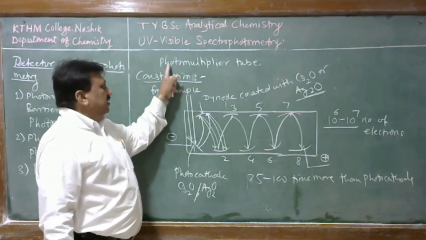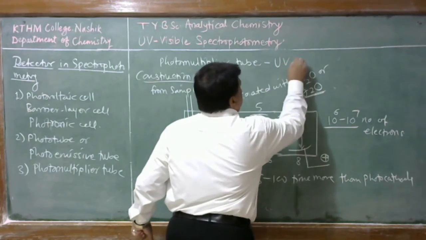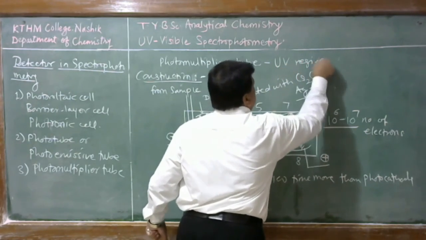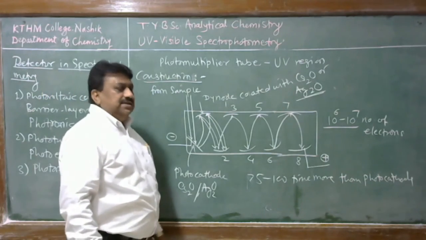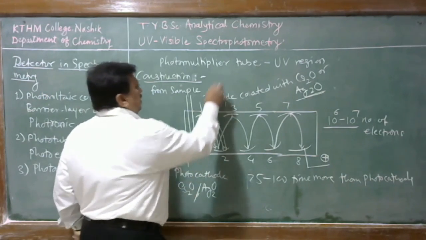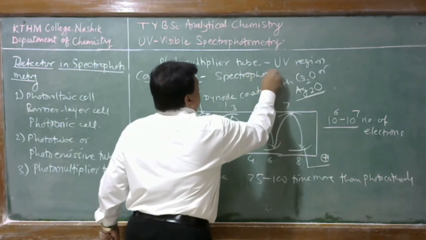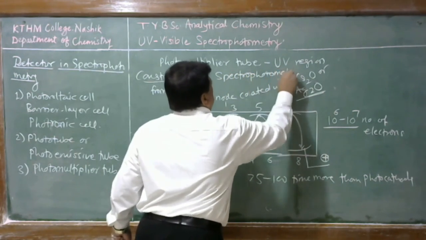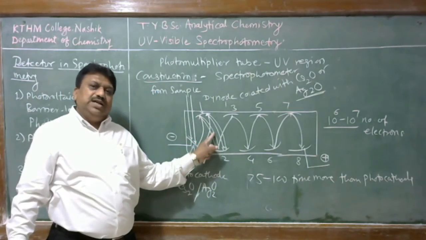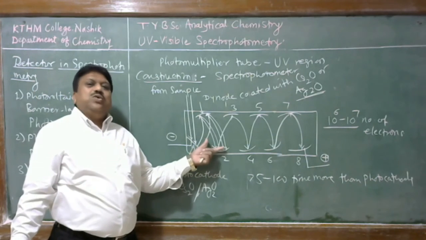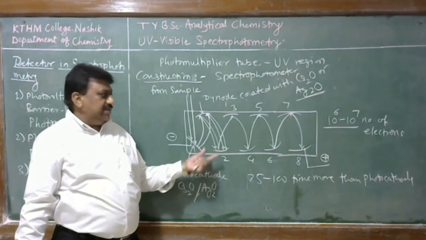This photomultiplier is generally used in the ultraviolet region, where the intensity is very low, and it is useful in spectrophotometers. A spectrophotometer is always built with this photomultiplier because very low radiant power can be detected by this device.